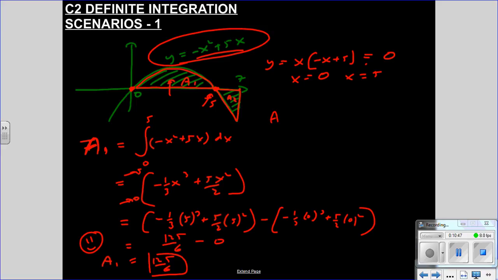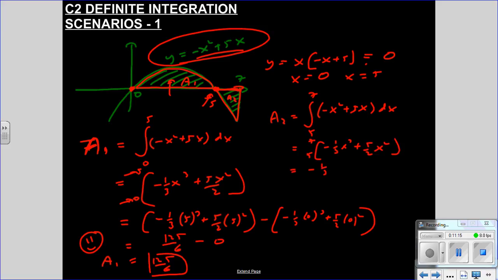Let's do area 2. So area 2 is between 7 and 5, isn't it? Right? Remember, biggest one, take smallest one. So 7 and 5. Same curve, and let's see what happens. So if we do that again, we integrate it, square brackets, always square brackets, plus 1 to the power, divide by new power, you'll see it's exactly the same as the other one.